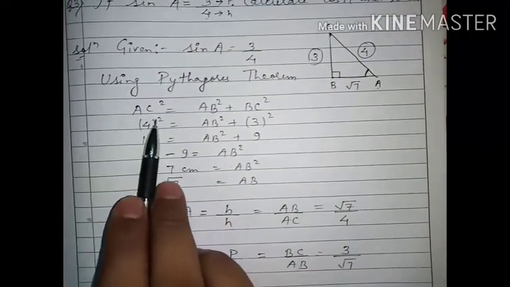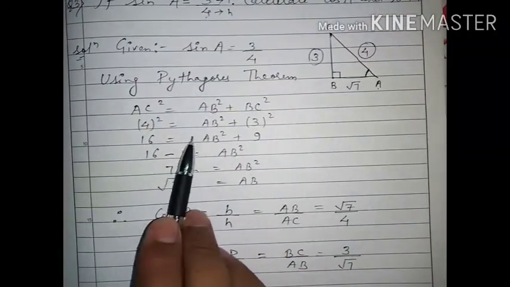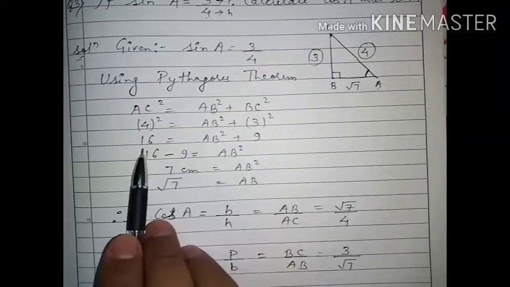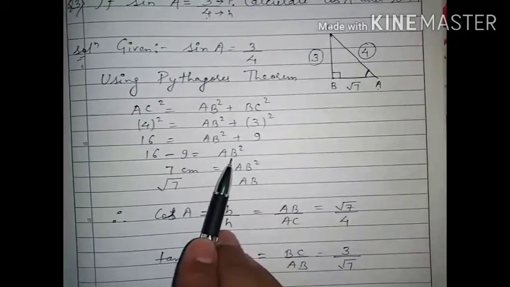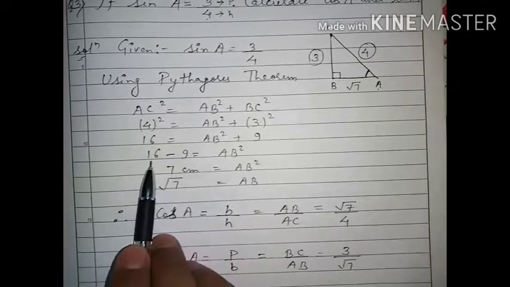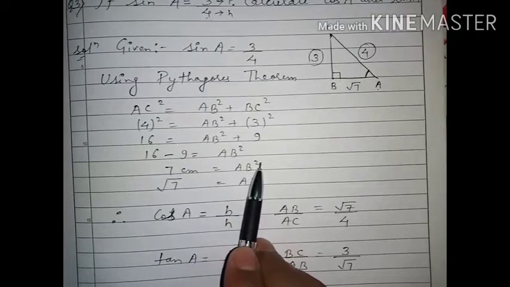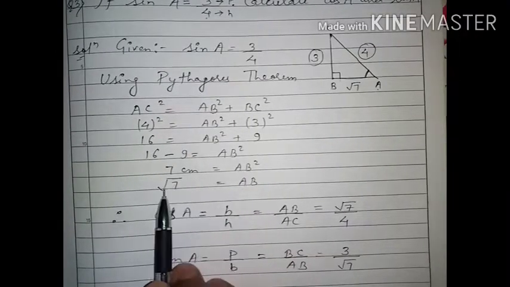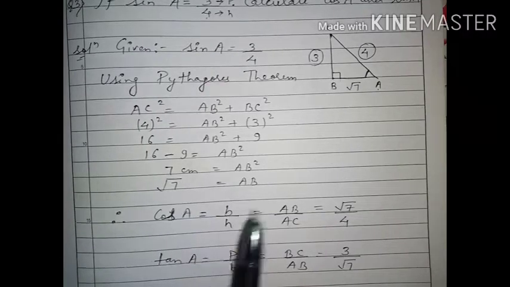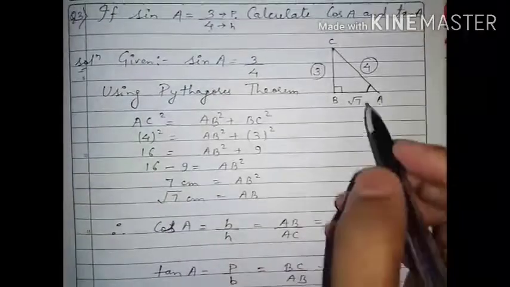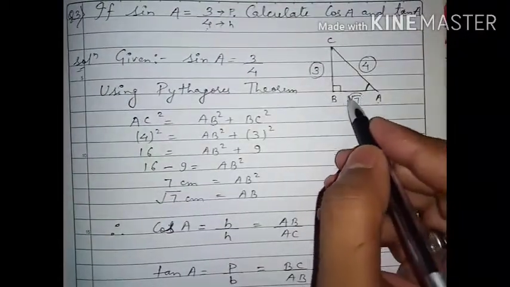So 4 square is 16 is equal to AB square plus 3 square is 9. Now 16 minus 9 is equal to AB square. 16 minus 9 is 7, so AB square is equal to 7, so AB is equal to under root of 7. So AB is root 7 centimeter, so I write it here.